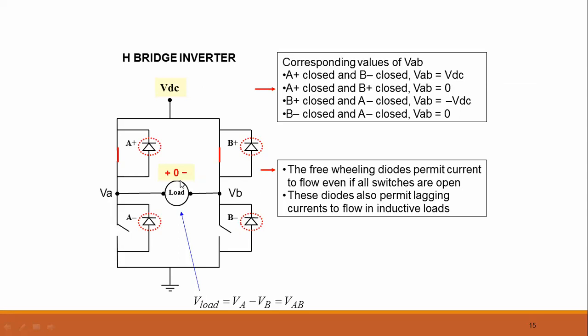Why is there no voltage over here? For this case, when the A plus switch and the B plus switch are closed, the VAB voltage, the load voltage, is equal to 0.